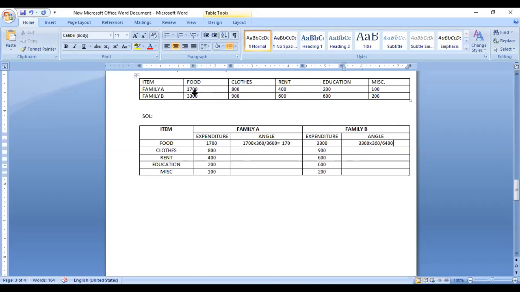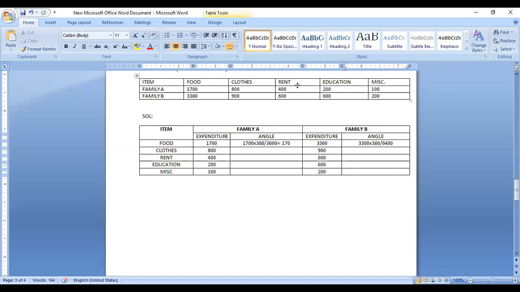If you add them up, for family A, 1700 plus 800 is 2500, plus 400 is 2900, and from 2900, 3100 will come.